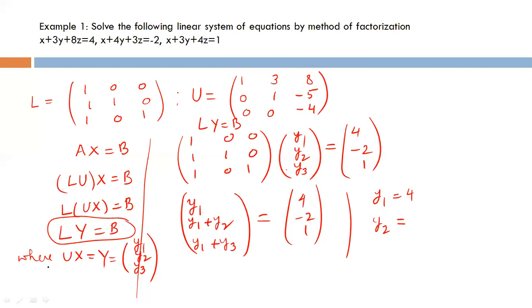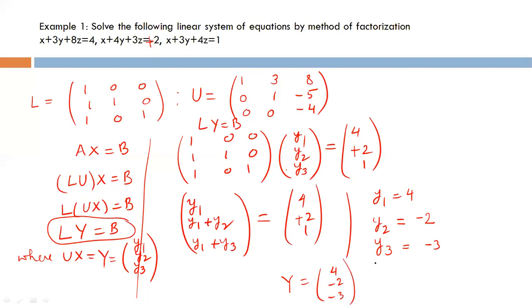It is plus 2, not minus 2. So Y1 plus Y2 is equal to 2. It means Y2 is equal to minus 2, and Y3 is equal to minus 3. So this is the solution of the Y column vector: 4, minus 2, minus 3.